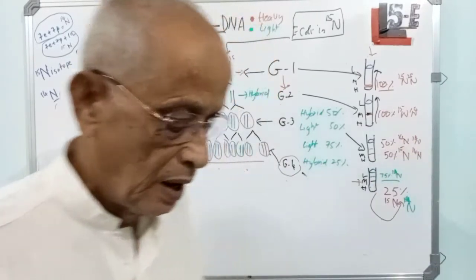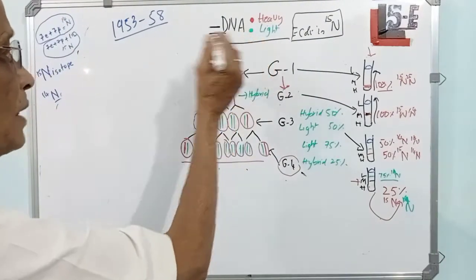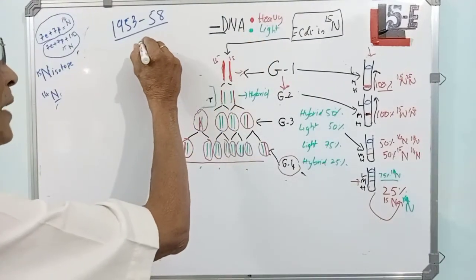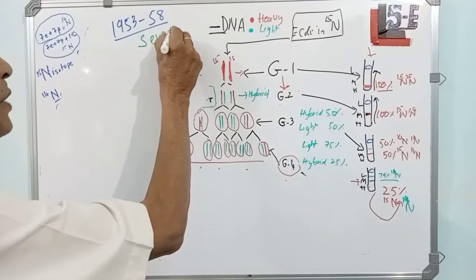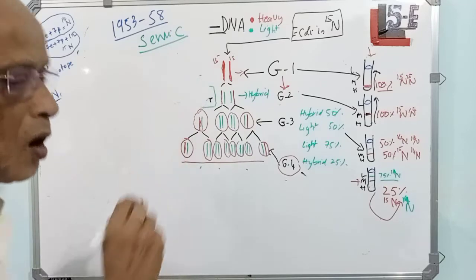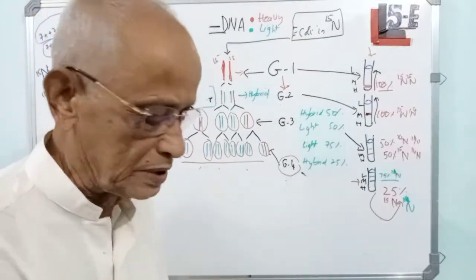When Watson and Crick suggested the model, they also mentioned that DNA has a semi-conservative technique of duplication, but this was not proved clearly.